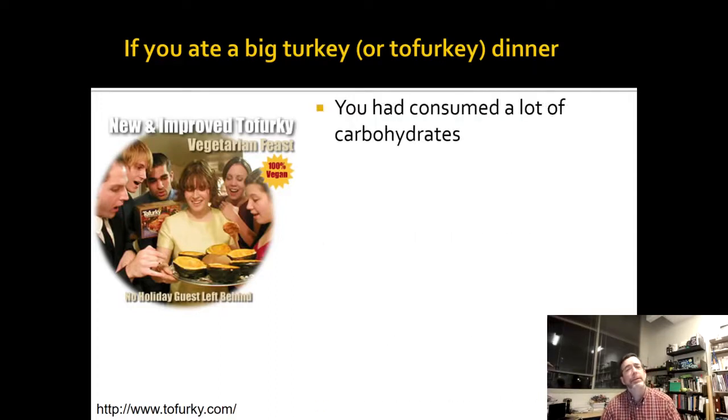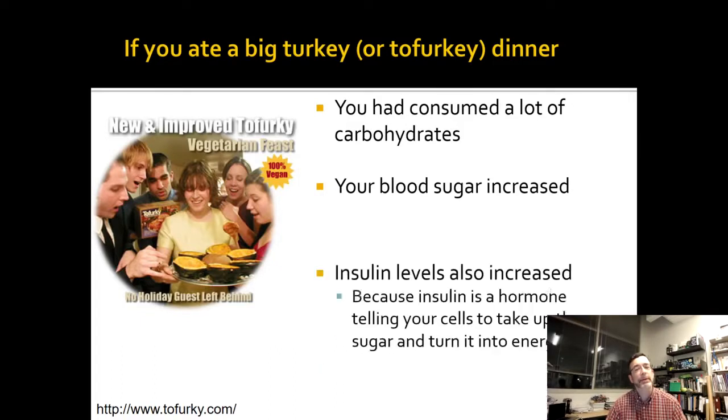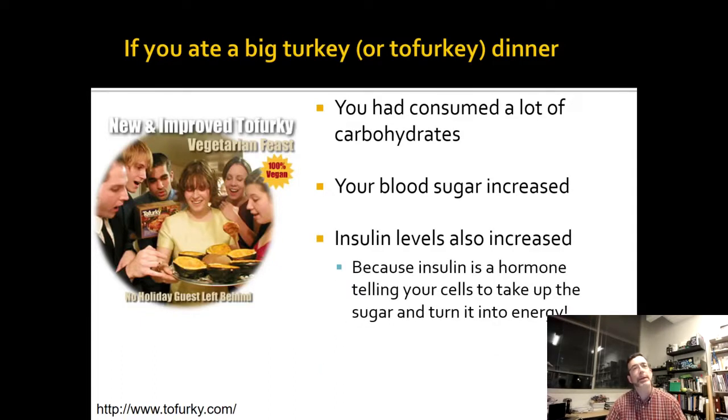But the main thing is, whichever way you do it, when you have a big dinner, you're eating a lot of carbs. Your blood sugar, therefore, will increase, and then your body needs to send a signal. It's not really that efficient to just detect sugar directly. It's actually better to have another system that detects sugar levels and puts out a molecule that says there's a lot of sugar in the blood, and what should you do with it?